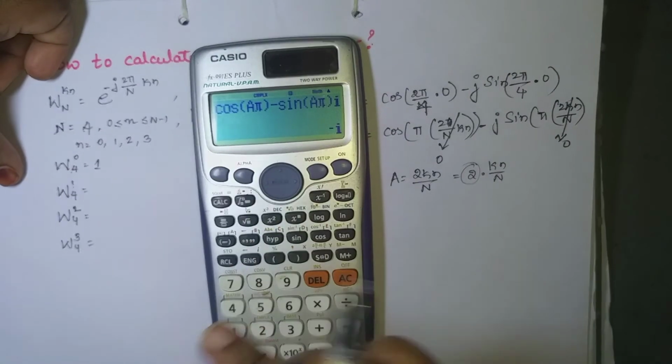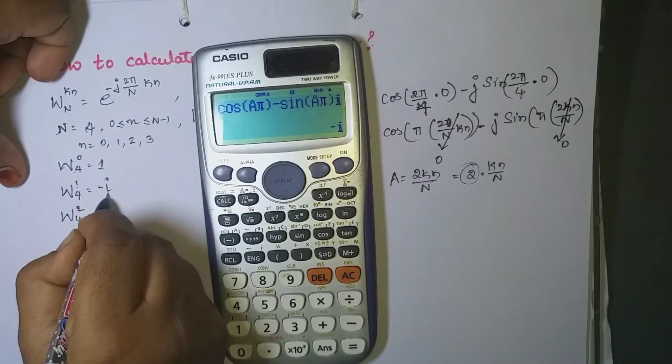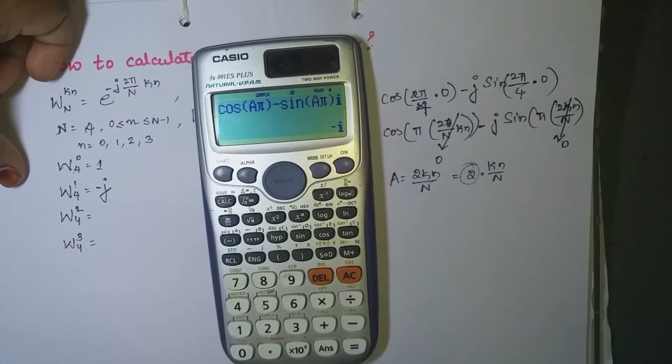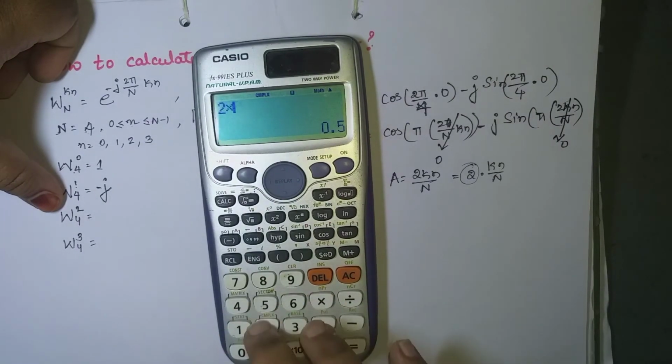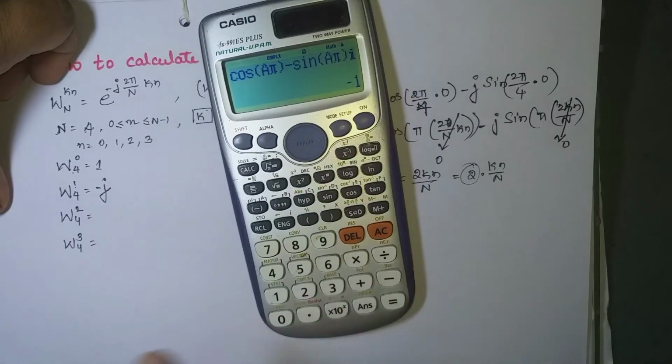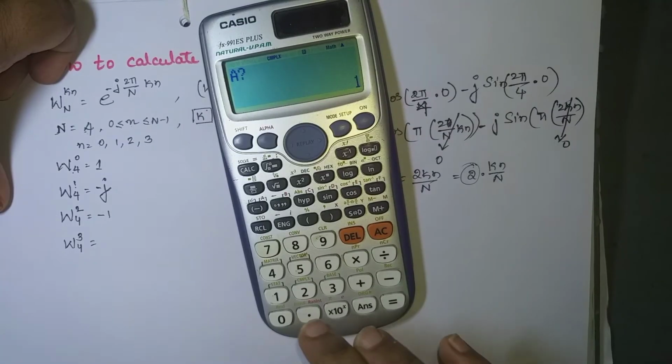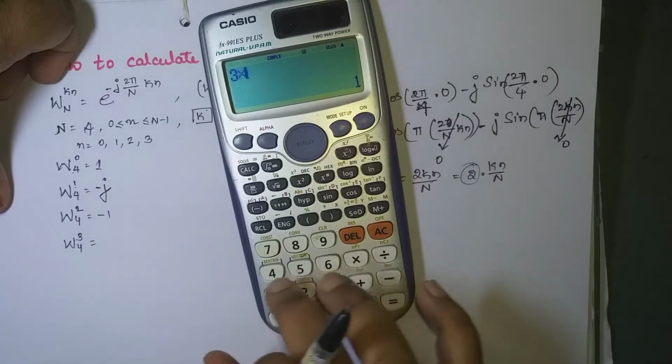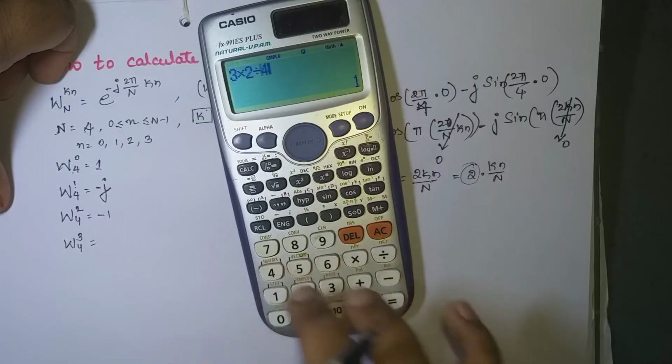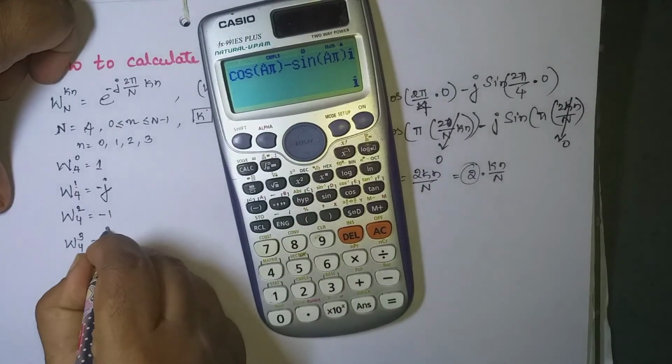So what is the value? It is minus i, which is nothing but minus j. Okay. Next, calculate 2 into 2 divided by 4. It is minus 1. Okay. So again, calculate 3 into 2 divided by 4, which is j.